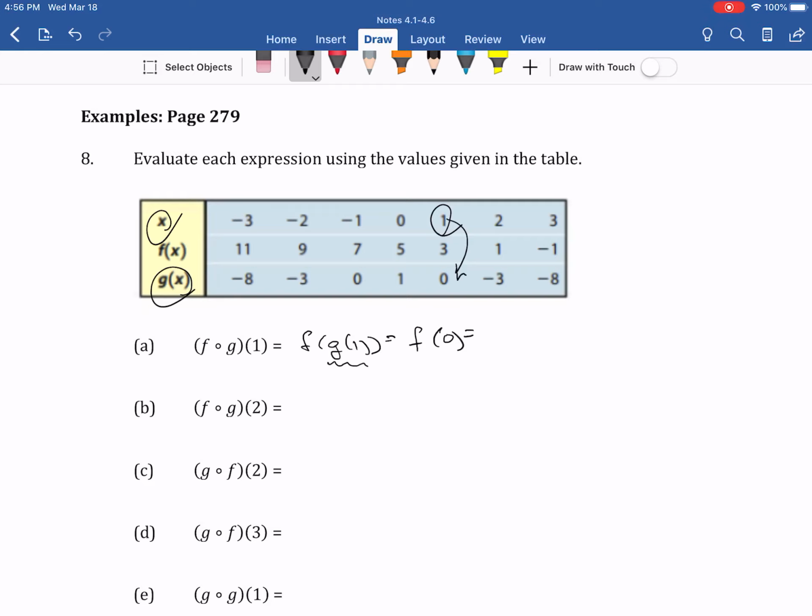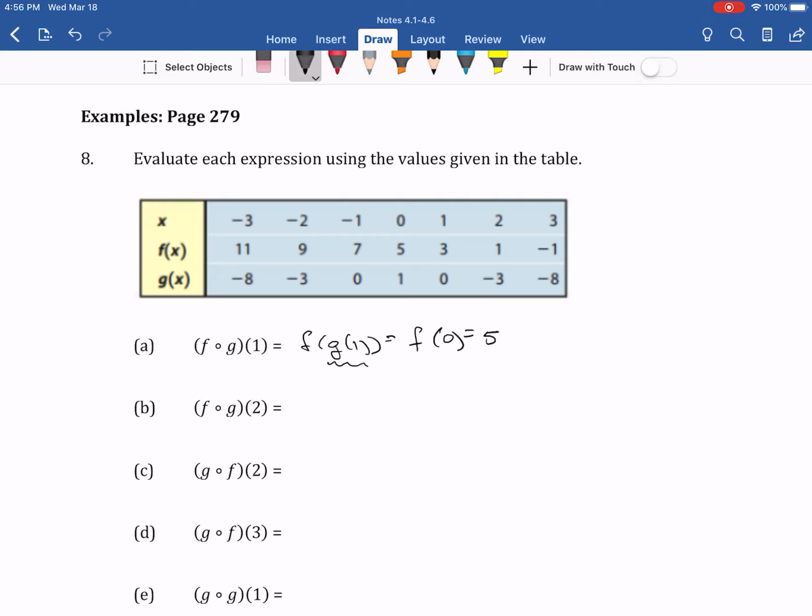So this means now I want to find f of 0. So once again, go to the input line of the x values, locate the value 0 as your new input, put it now into function f, and the output that you will get is 5. That takes care of that one.